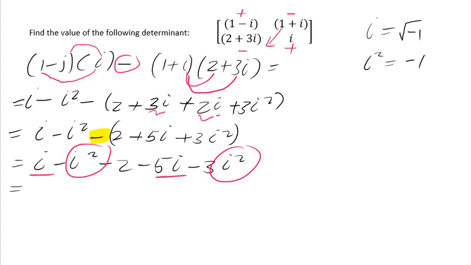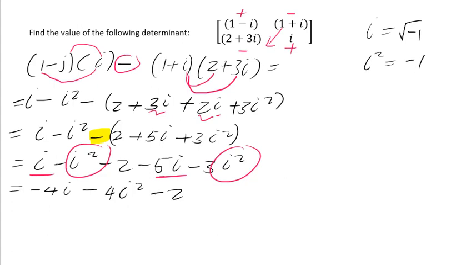So from here you'll have i minus 5i, which gives minus 4i, then minus i squared minus 3i squared, which gives minus 4i squared, then minus 2.